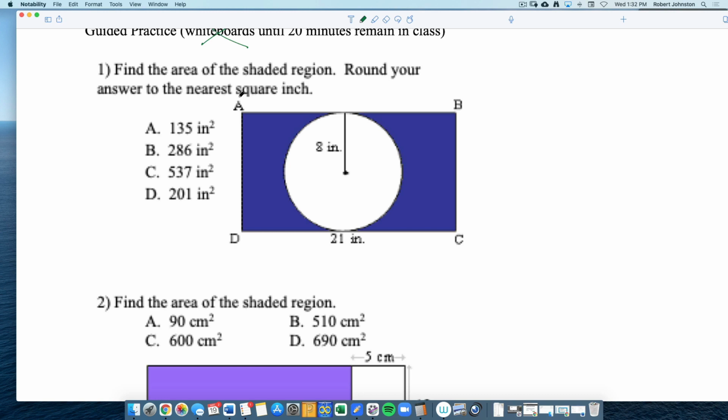Audrey, how do I start problem 1? Let's find the area of the big shape. What is this big shape that kind of covers everything?